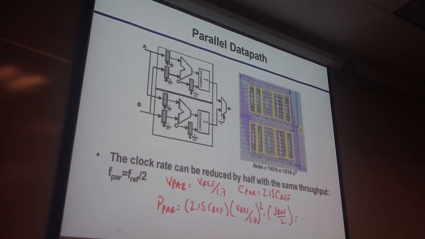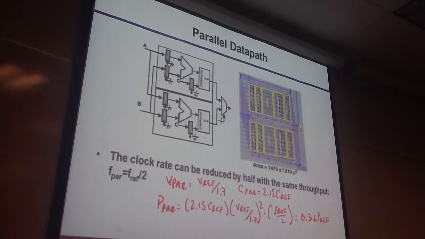And if you do that, this gives you 0.36 of P reference. So there's a 64% reduction in power dissipation while maintaining the same performance. Okay? So this is an architectural decision.